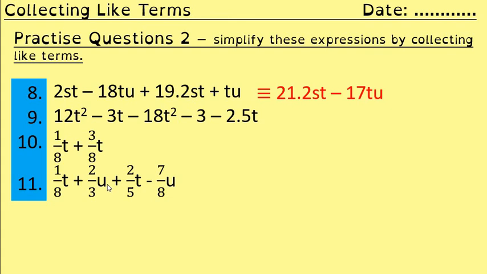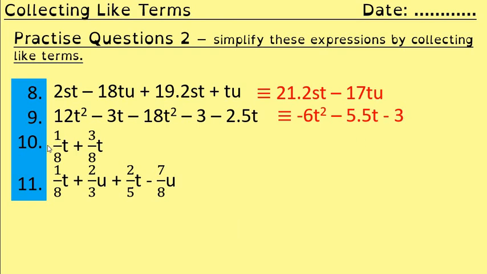So we've got 3 different types of terms here. So we get negative 6t squared from the 12t squared and the negative 18t squared. Take away 5.5t, take away 3. Again, you can write these things in different orders. I'm just giving one option for the ones with 3 terms.